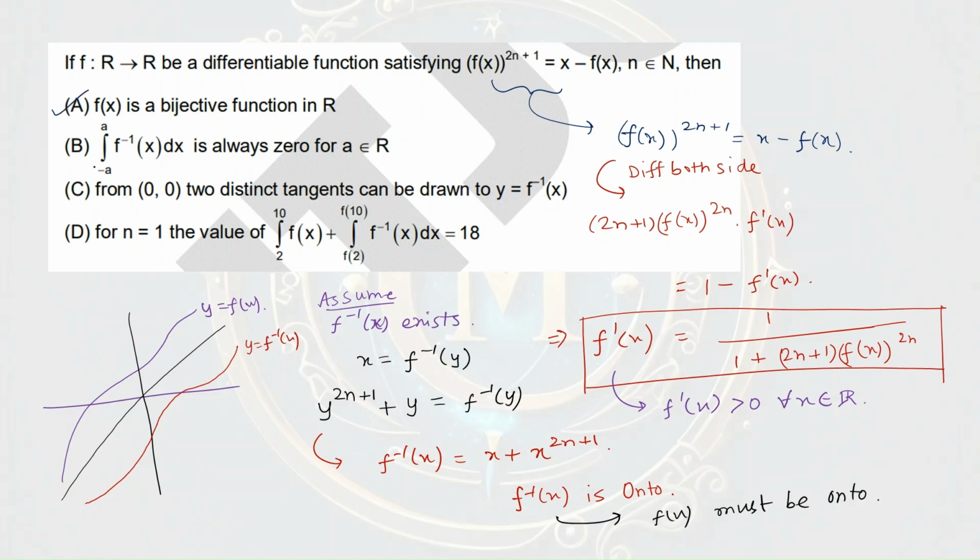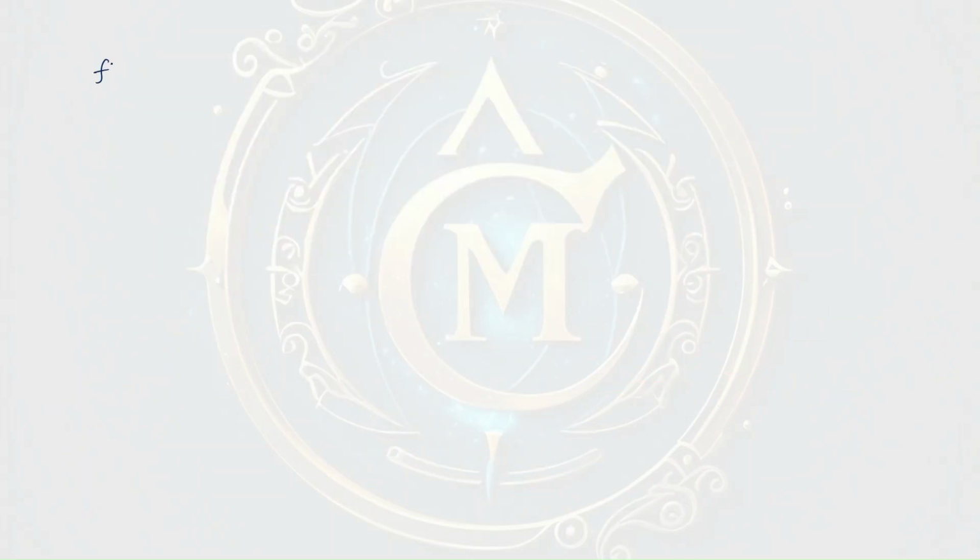Now let us check the second statement. It says that the integral from minus a to a of f inverse x dx is always 0 for all a belonging to real numbers. Now we got the expression of f inverse x like this: f inverse x is x plus x to the power 2n+1.